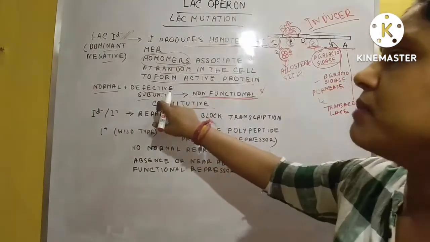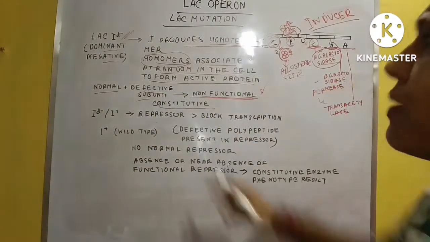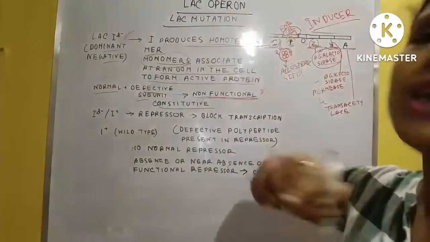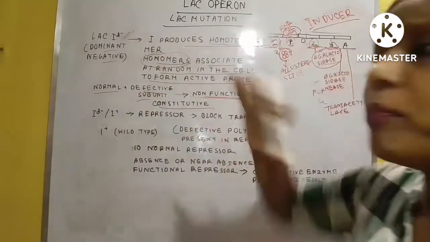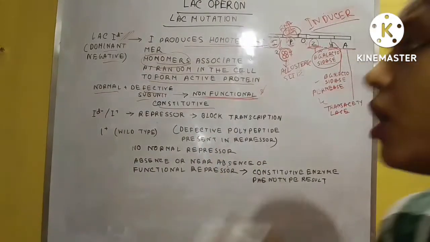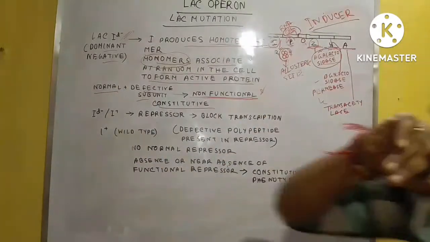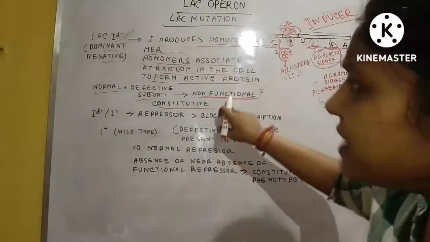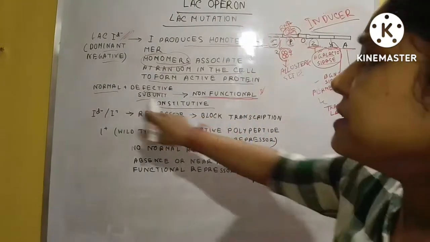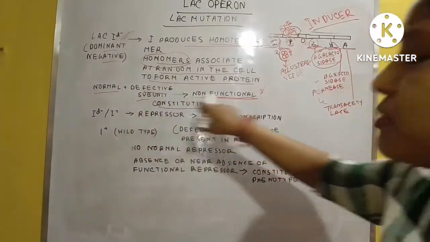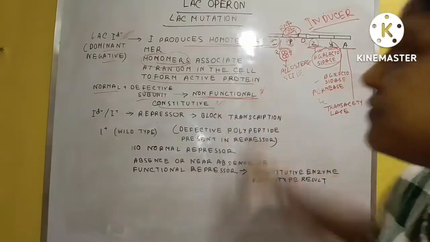That's why it can bind to the operator, but the operator is not affected by the binding of this. Okay, sorry. So in that situation, what happened? The transcription process becomes constitutive.